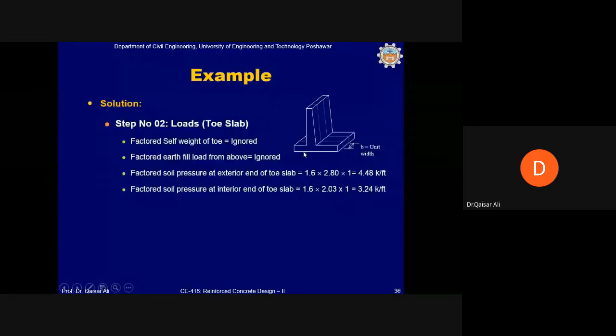If the weight of the toe and the weight of the soil above the toe is ignored, this will be conservative. It will give more reinforcement, which is good for the design of the toe. So the weight of the toe and the weight of the soil on the toe is ignored.